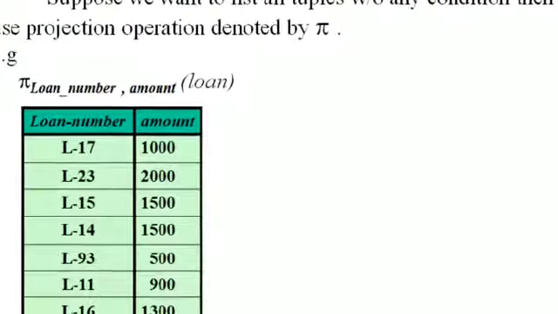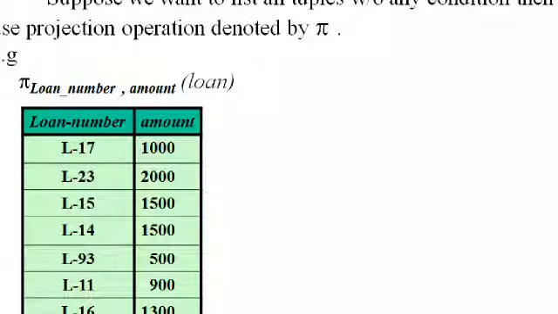Projection operation in relational algebra is denoted by the pi symbol, and select operation is shown by the sigma symbol. Here is one example: pi loan_number, amount in brackets loan. Loan is the relation here, and the columns we are going to show are loan number and amount.